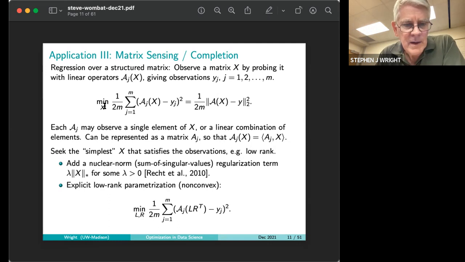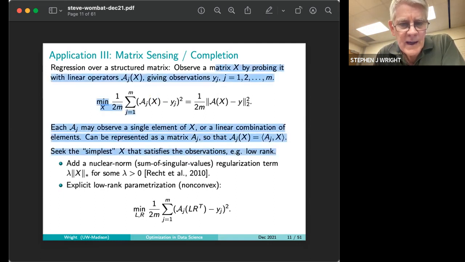Okay, the third one is matrix sensing, and this is, in a sense, an extension of linear least squares to the case where the X is now a matrix rather than a vector. So now the story is that you're trying to figure out what this matrix X is by probing it using a bunch of linear operators AJ.